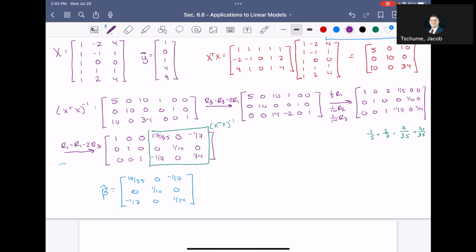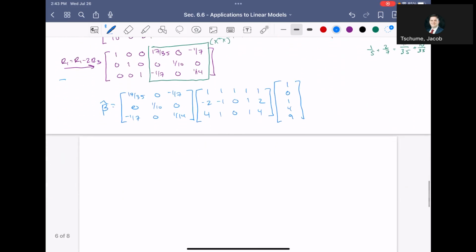All right, so it's X transpose X inverse multiplied by X transpose, which we got from earlier, which is 1, 1, 1, 1, 1, -2, -1, 0, 1, 2, 4, 1, 0, 1, 4, multiplied by my vector Y, which is 1, 0, 1, 4, 9.